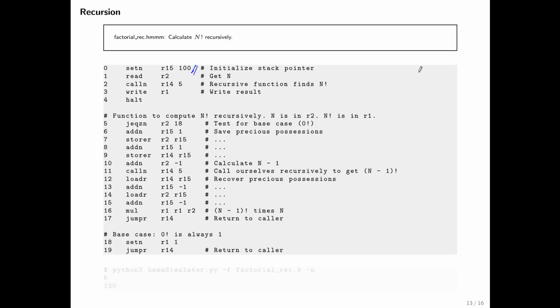Okay, so you have your memory, and here is cell number 0, cell number 1, and so on. And then 100 is somewhere here. And we say that our stack pointer is initially pointing to that location in memory.